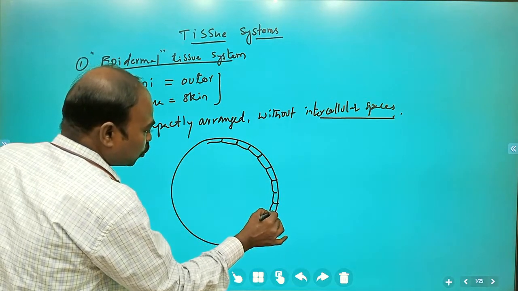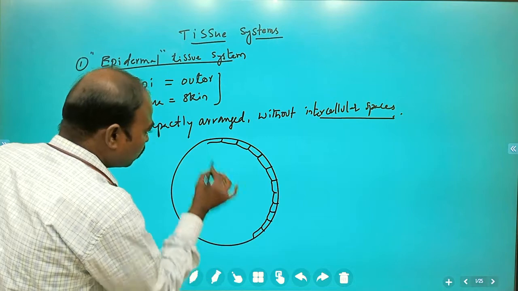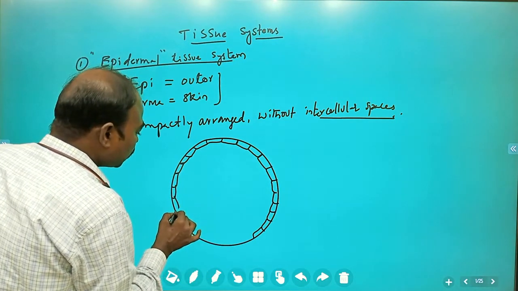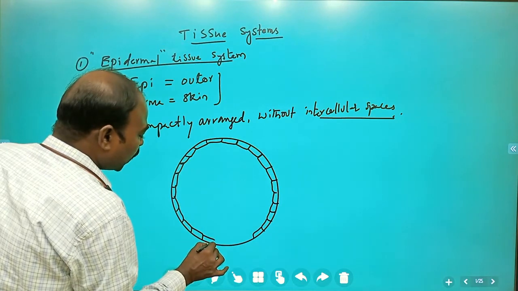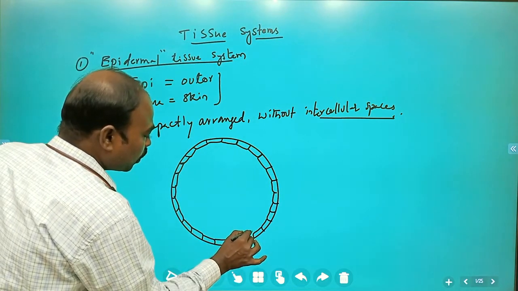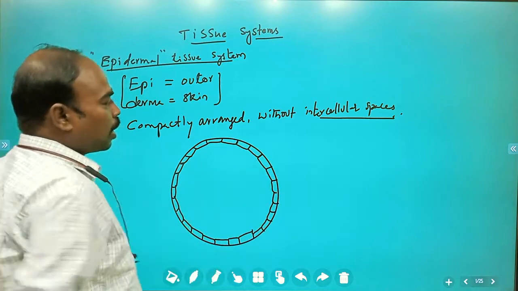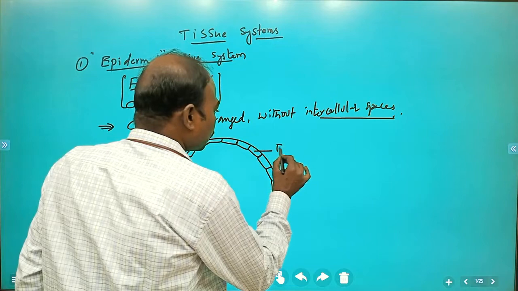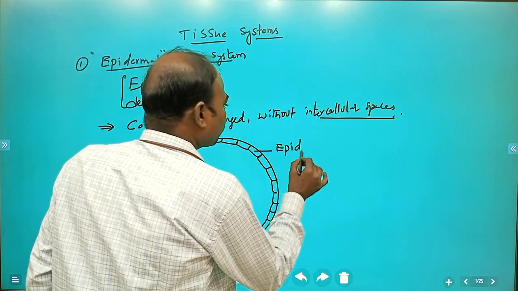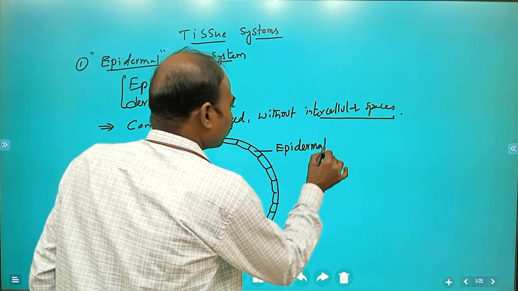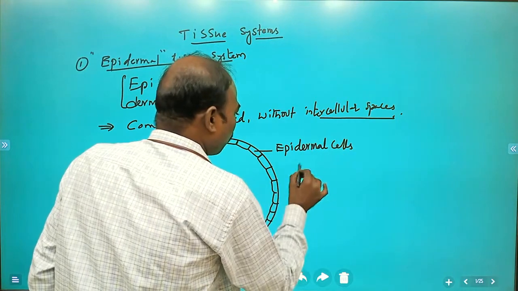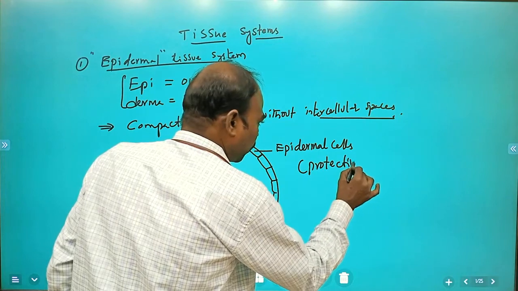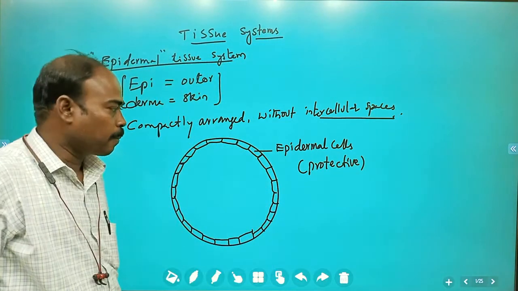So parenchyma cells, generally without gaps, usually single layer, are arranged compactly with the living cells, which is the outermost skin, that is epidermis, usually protective in function.